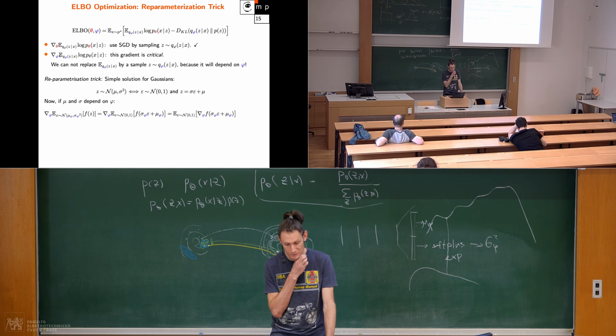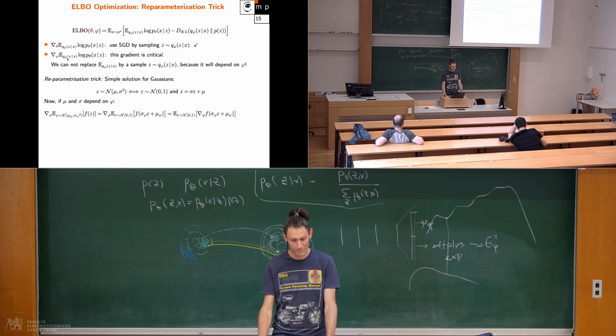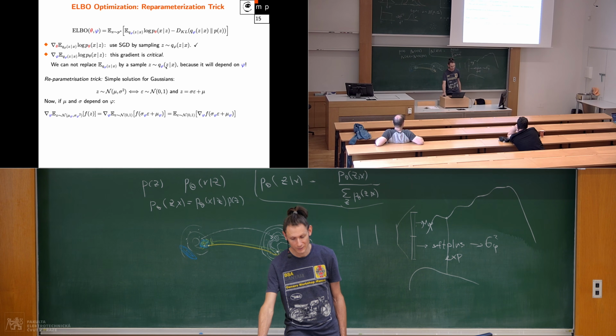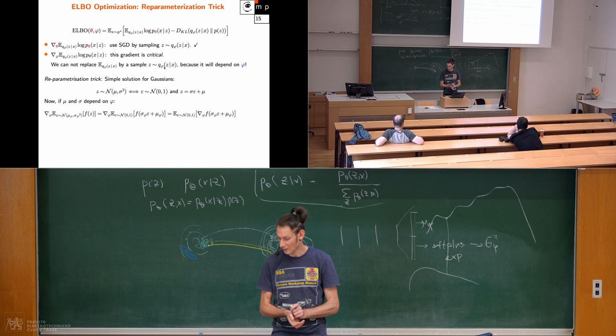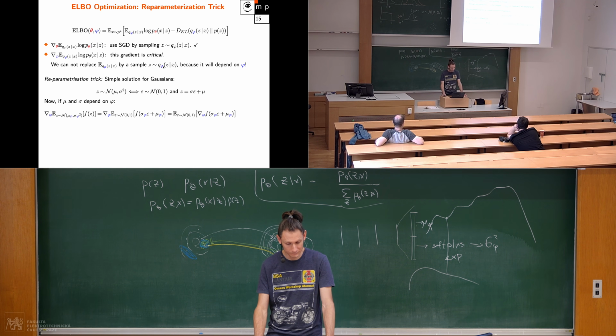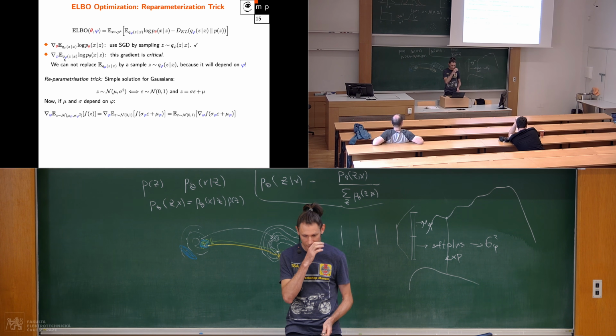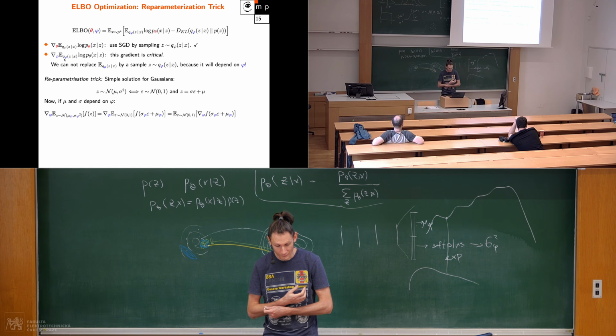Which is the same as to say that we cannot just sample from the encoder and then take the gradient inside, because this sample from the encoder depends on the parameters. So maybe it's not the only way to estimate this gradient, but in this case it is the way, and it's called the reparameterization trick.